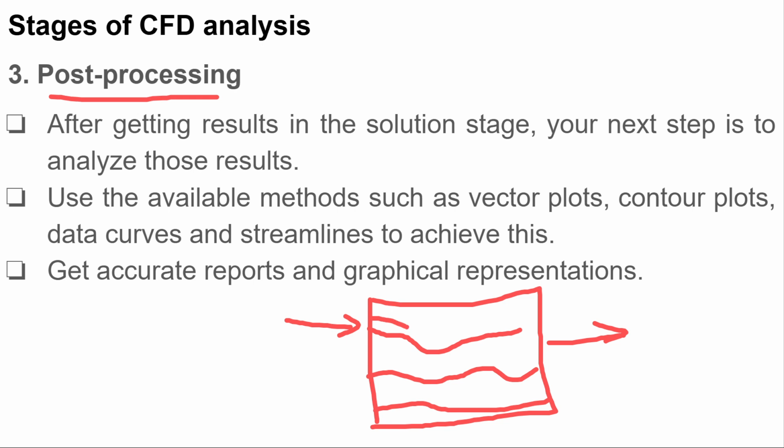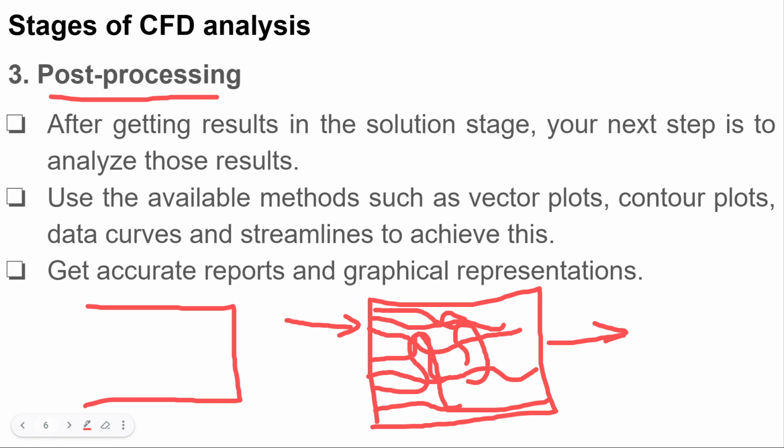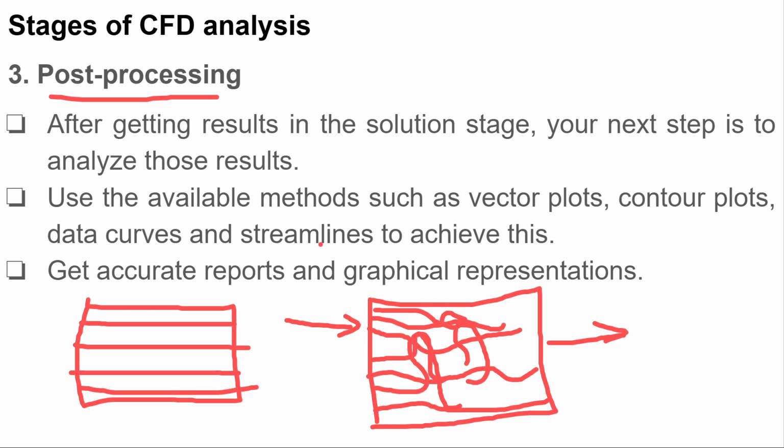That means the fluid is not flowing in a straight pattern, it is flowing in a zigzag pattern. We identify this zigzag pattern of fluid flow as turbulent behavior. In another problem, if the fluid is flowing in a straight path from inlet to outlet, this phenomenon is laminar. These things are visualized in the post-processing step.